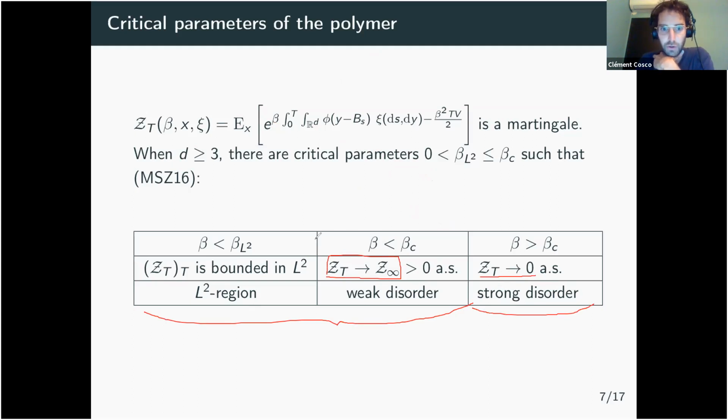And you also have a subregion of weak disorder where you can ask for Z_T to be bounded in L2. In particular, this will imply that the limit of Z_T is positive, so you are in weak disorder. This region has been quite important for polymers in high dimension because it's a region where you can do a lot of computations because you have second moments. So you can check a lot of things. But we'll see that it actually plays an important role also for the behavior of the polymer.